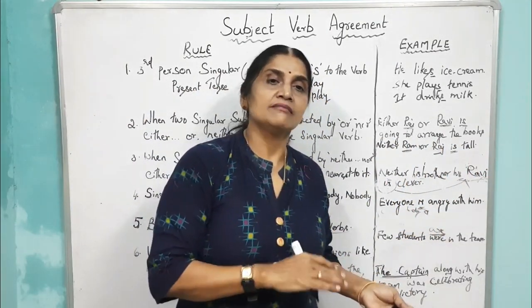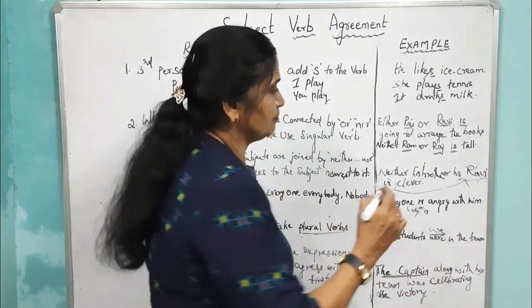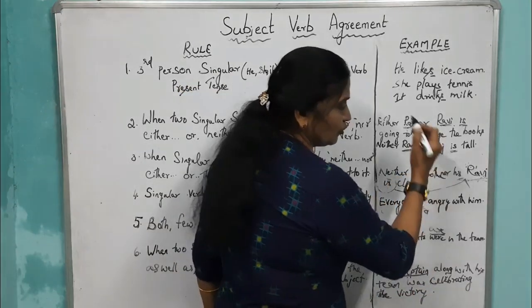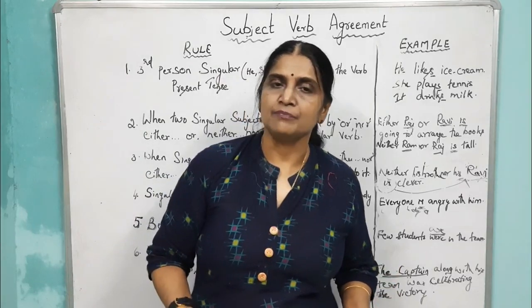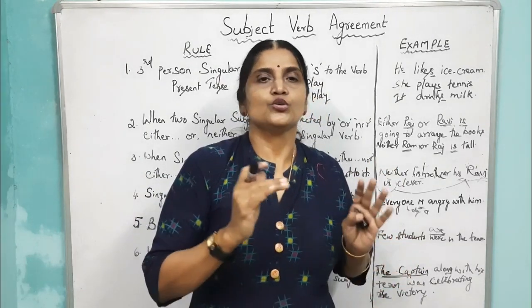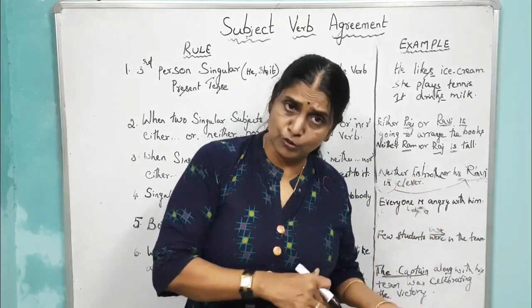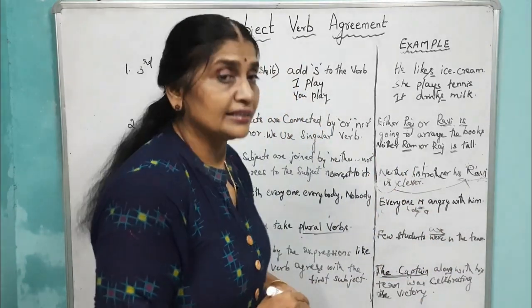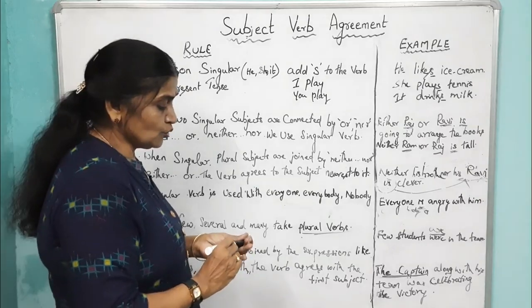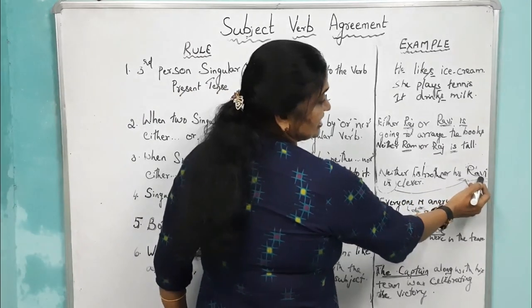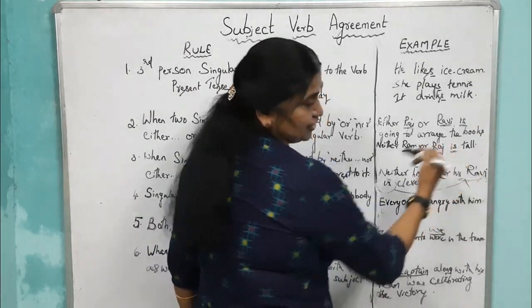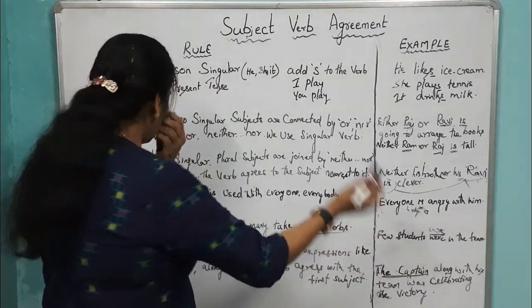If it is plural, it will be plural. When one subject is plural and one is singular, you have to use the verb according to the subject nearest to it. If both are singular, you have to use a singular verb. Okay, that is what we say.